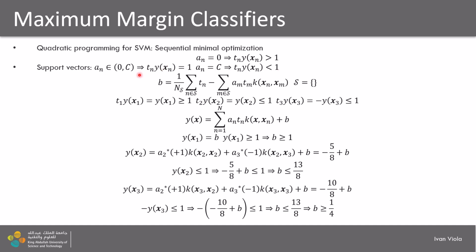So we could calculate out of these values, the am which we have obtained and all the other values, the b. However, we encounter an interesting problem. Our set of the support vectors which are between 0 and C, an open interval, is an empty set.